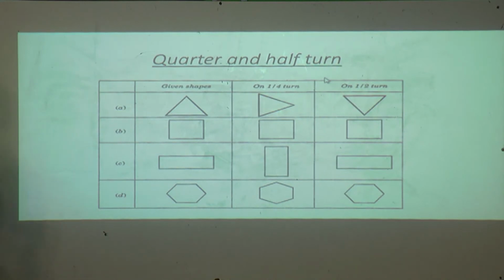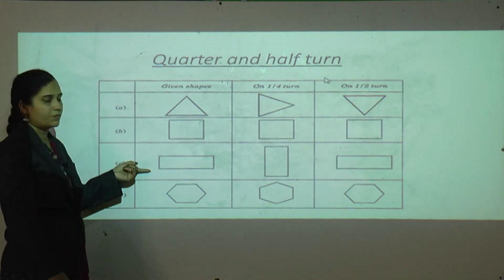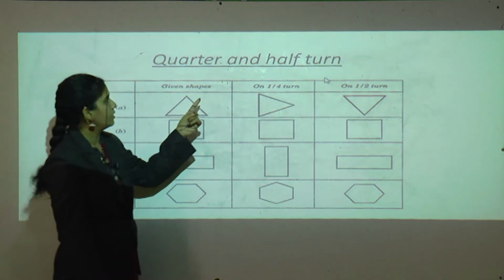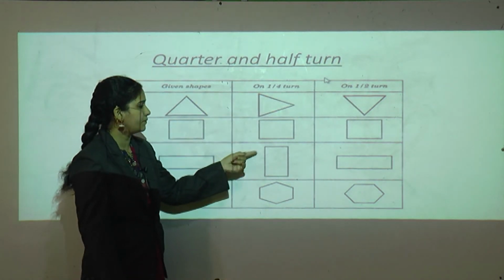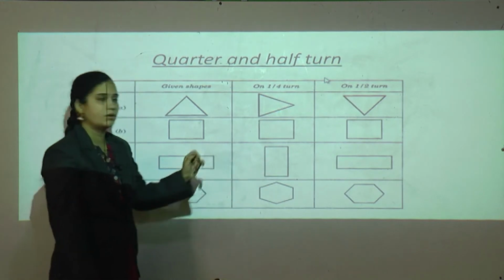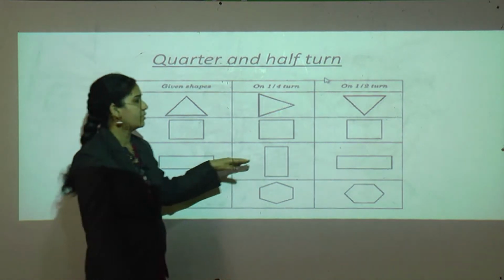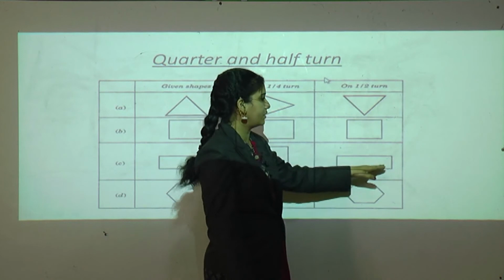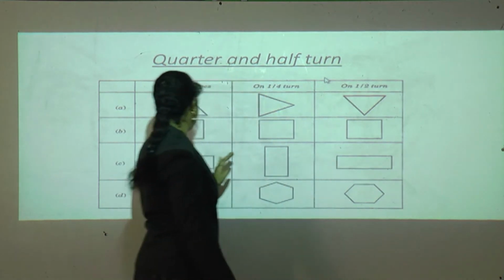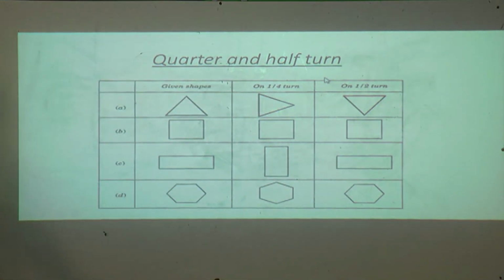Now see, here is a rectangle shape, so if we turn it a quarter turn, it will look like this, and in the half turn it will look the same like this, isn't it? Now see here, hexagon.